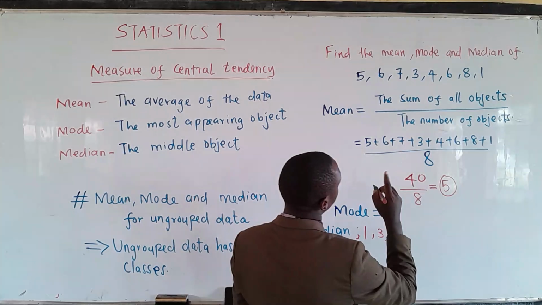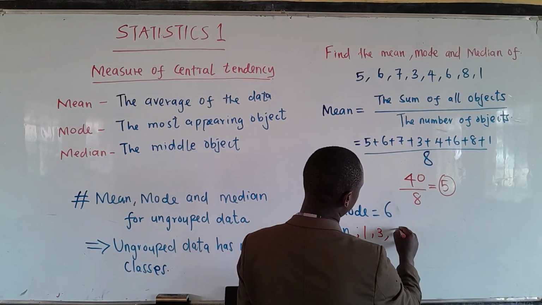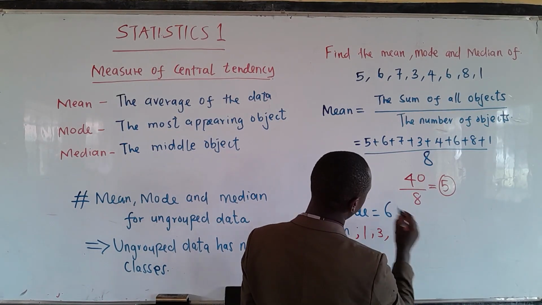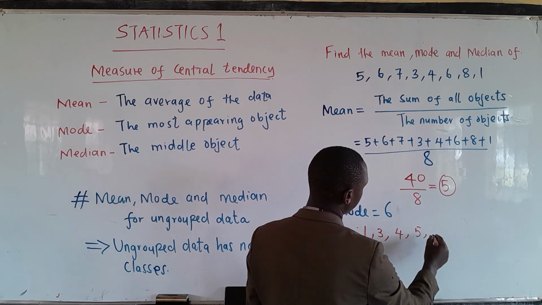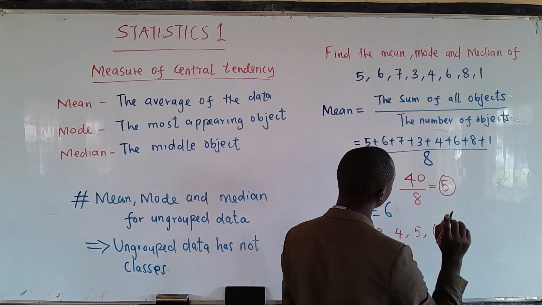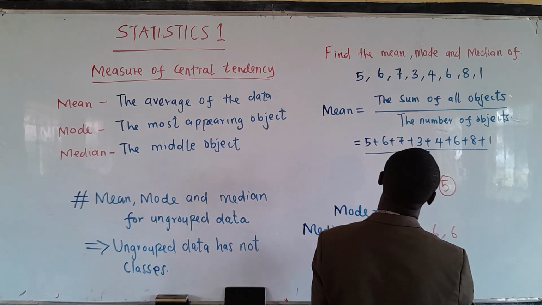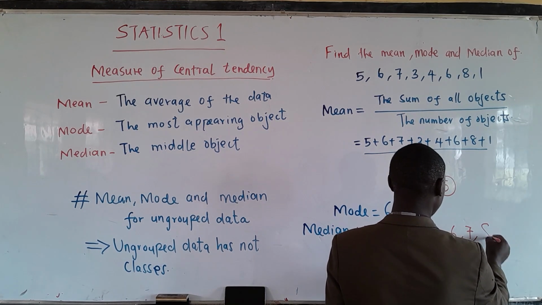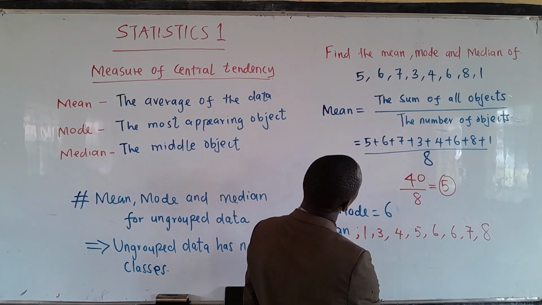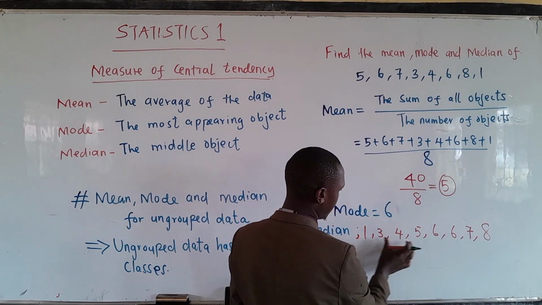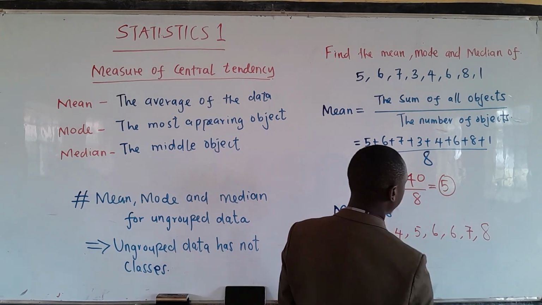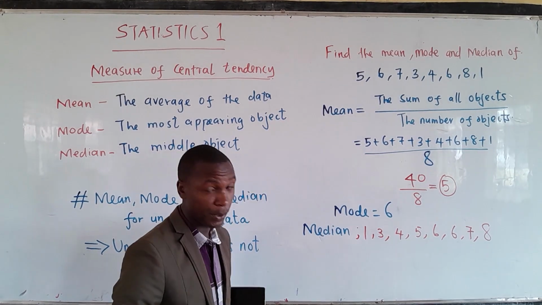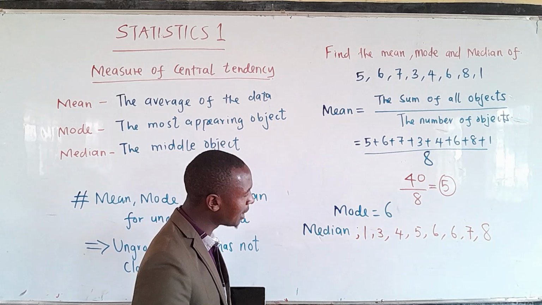So that is 3, the next is 4, the next element is 5, the next element is 6, we have 2 6s, you have to note that. The next element is 7, and then we have an 8. I don't know whether we have left any. 1, 2, 3, 4, yes, those are 8 elements.